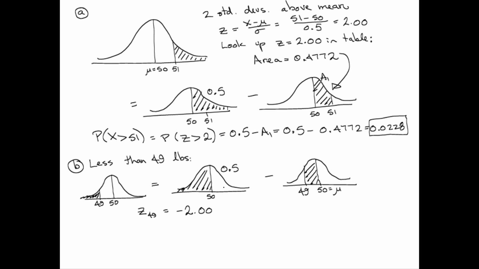You could put it into the formula, but you're going to get this just by the symmetry from part A. The left and the right halves of our curve are going to look exactly the same. So that area, once again, if I call this area 2, area 2 is also going to be 0.4772, just as in part A.